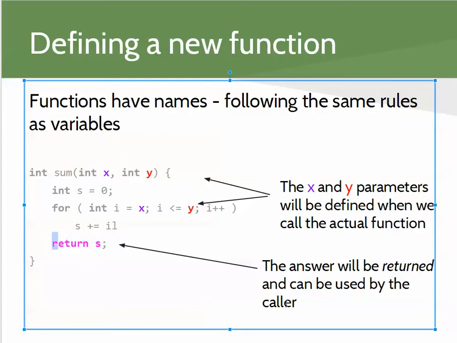So the caller, when I say the caller of a function, when we were writing programs to use the cmath library, when we were writing programs to use the random function, we were the caller of those functions. We didn't actually create those functions. We didn't implement them. We called those functions. Those functions return something to us. Now we're looking at it from the other perspective, and we're going to write some functions that will return back to the parts of our programs that call those functions.